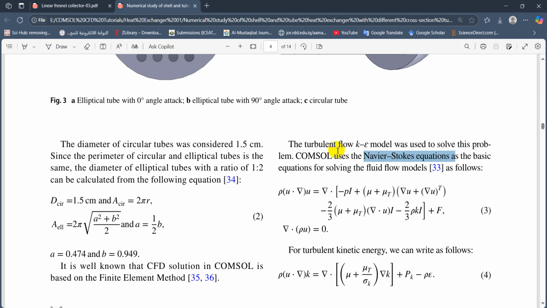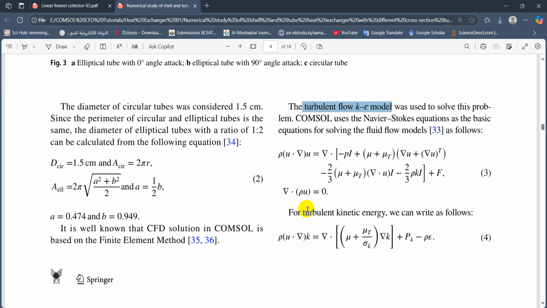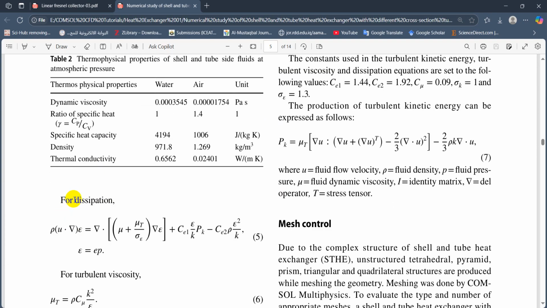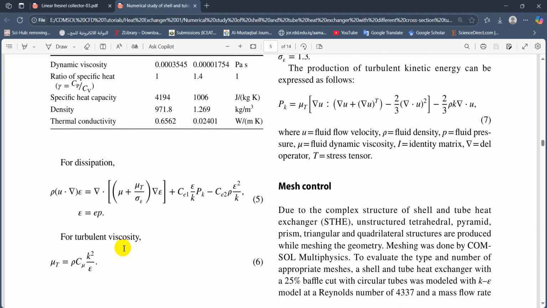Okay, and since the flow is turbulent based on the value of Reynolds number, the author used the k-epsilon turbulent flow model. There are other types of turbulent models as we know. And now you can see that these are the equations for turbulent kinetic energy, for dissipation, and for turbulent viscosity.